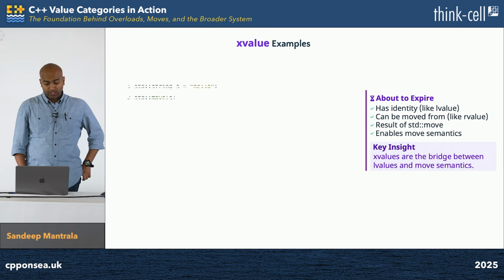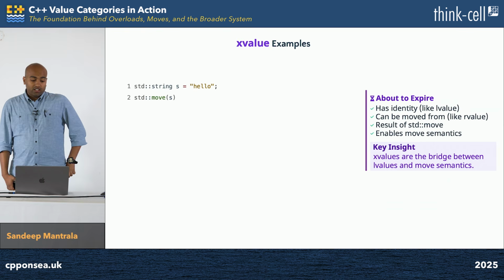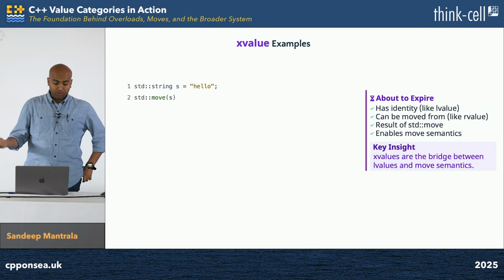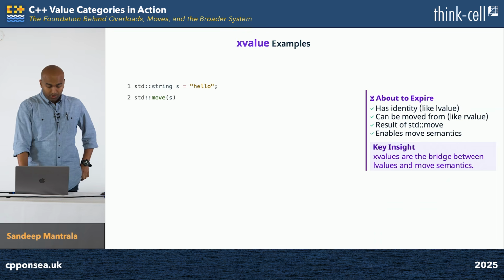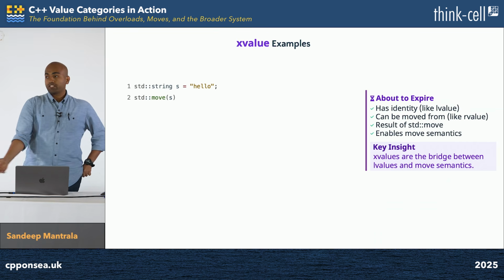Next, we have xvalues. Xvalues are expiring values. They have identity and can also be moved from, like we discussed before. So std::string s = "hello". Here s itself is an lvalue.